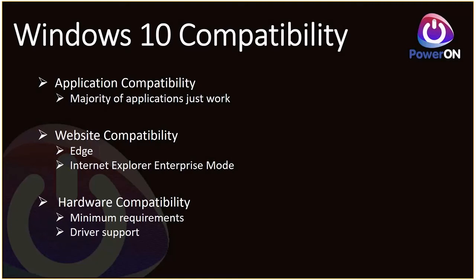All your web applications that work fine with Windows 7 and Internet Explorer work the same with Windows 10 and in Internet Explorer. There is this enterprise mode capability, which you can configure to work with both of those browsers together.